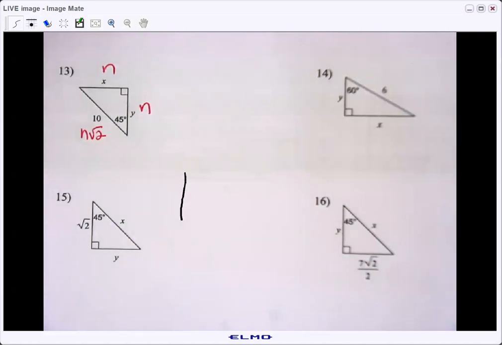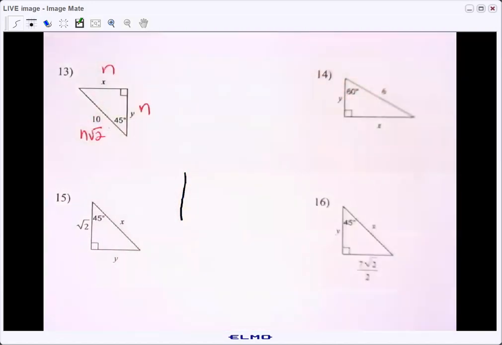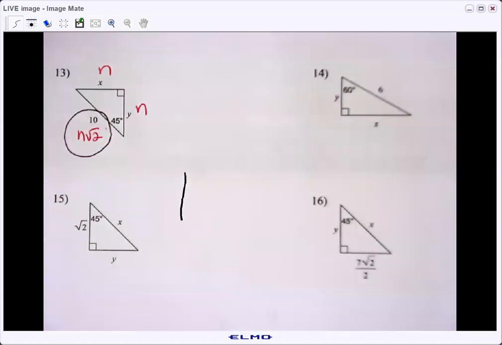So my question here is, can I look at this comparison to do what I did before and know and say n is 10? What do you guys think? Anybody brave enough to say it? Is n 10?